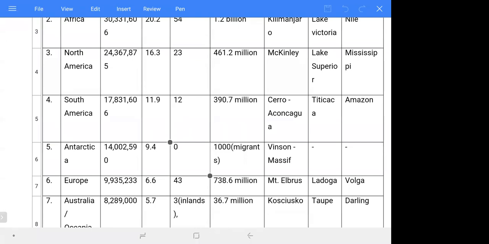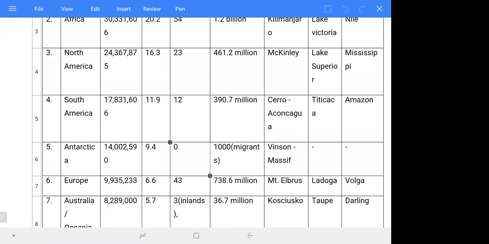Since the continent does not have these things, the number of countries in Antarctica is 0, and it also has no native population. But there are migrants, which are researchers and visitors. So the number of people living in Antarctica is about 1,000, but they are not native.